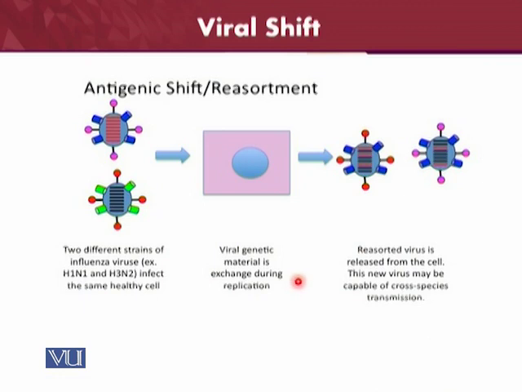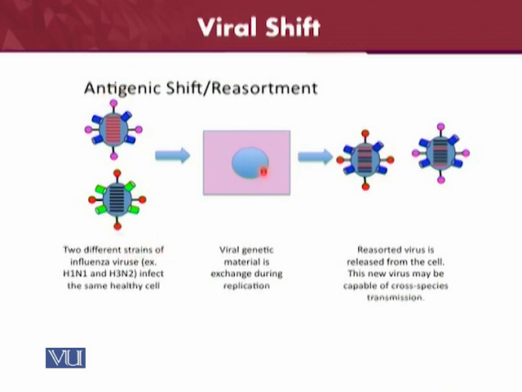The viral genetic material is exchanged during the replication. Both of these viruses are infecting the same healthy cell, and inside the cell they are replicating. They have taken the machinery of the host cell, and now they are replicating by themselves. Inside the healthy cell, the nucleic acids of both are present.